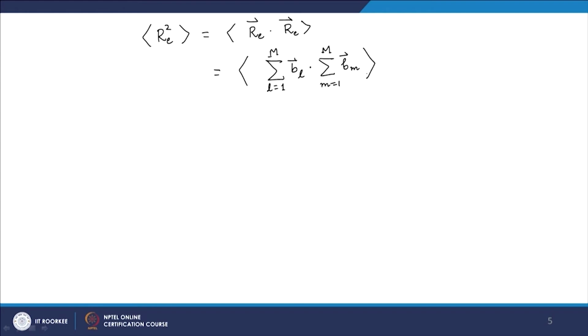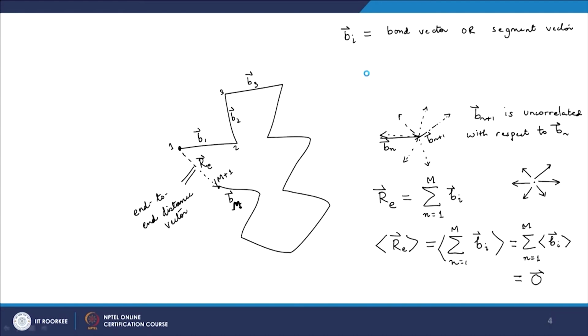Okay. So, keep in mind that I have used two different indices here, b_l and b_m, as opposed to b_i there. Actually, this should have been b_n, because I am summing over all possible values of n.